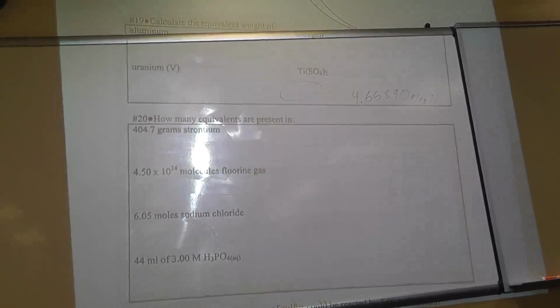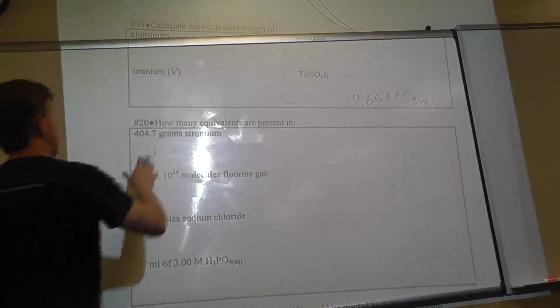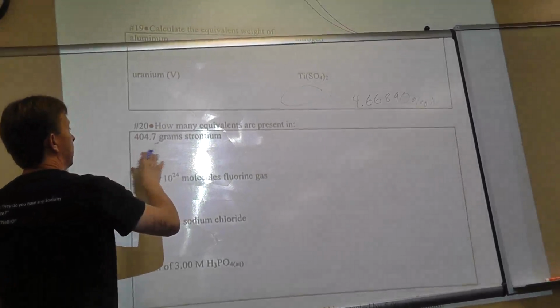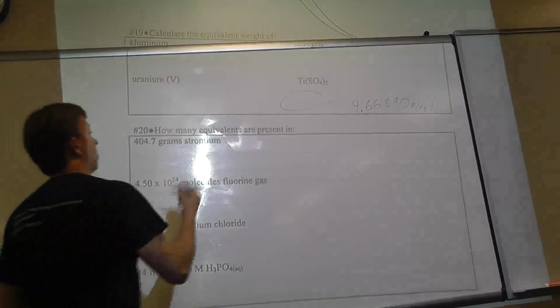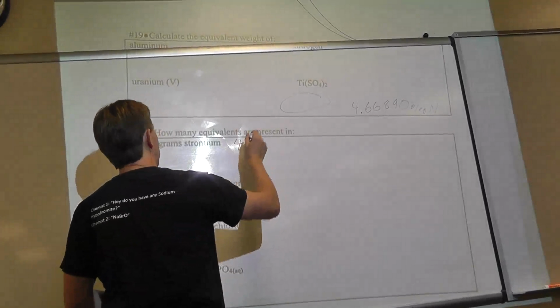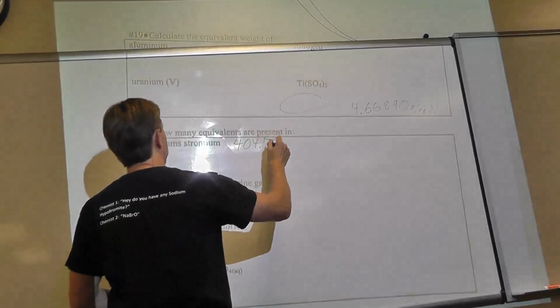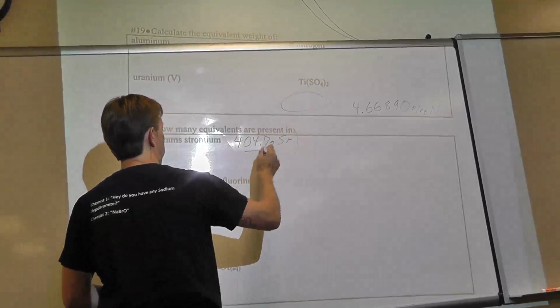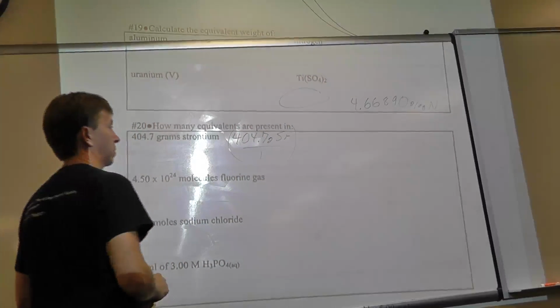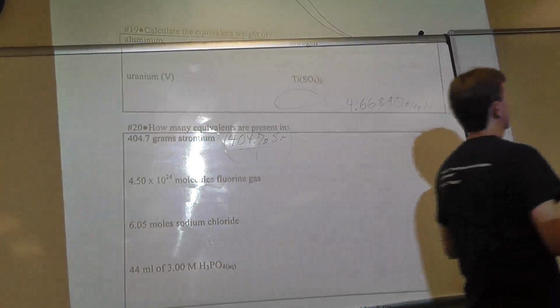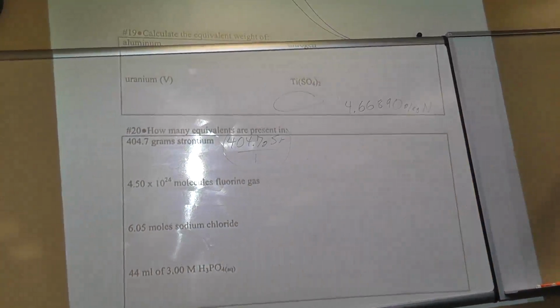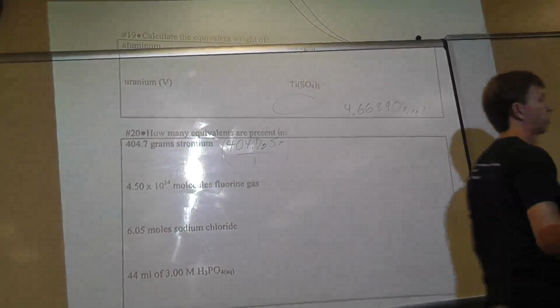Problem 20, we'll do a couple of these. If we're dealing with 404.7 grams of strontium, and we want to know what that is in units of equivalence. Our definition of equivalent weight is molar mass over charge.